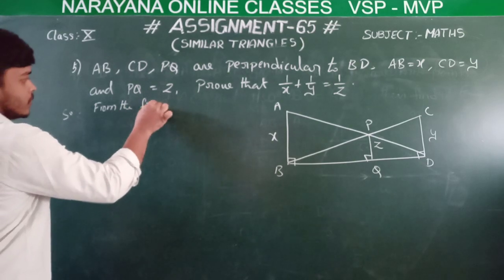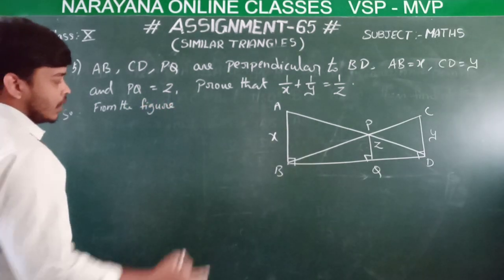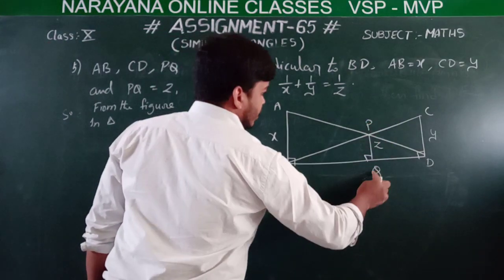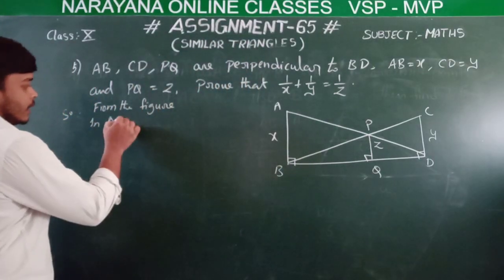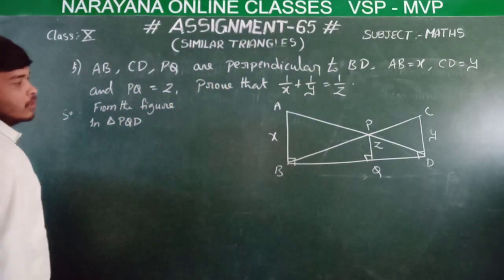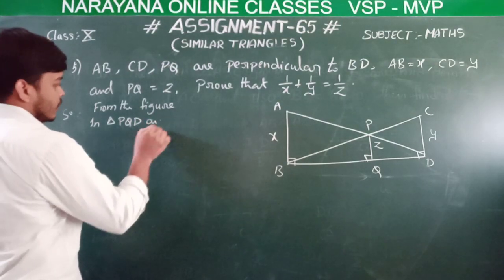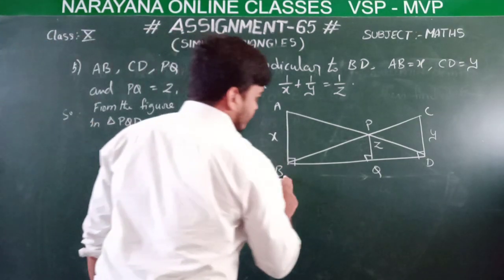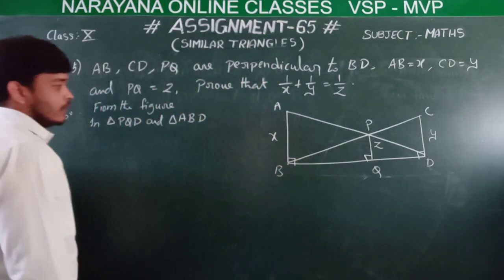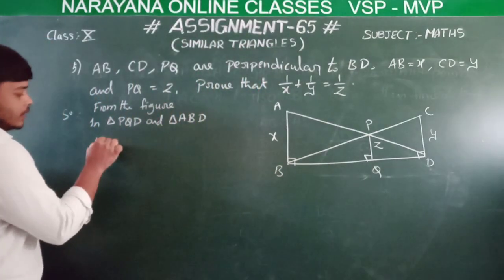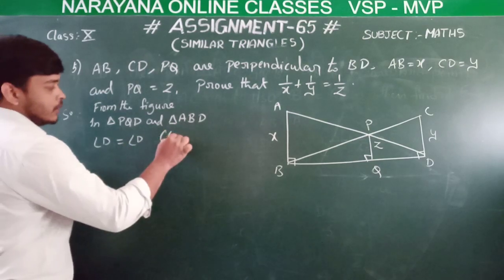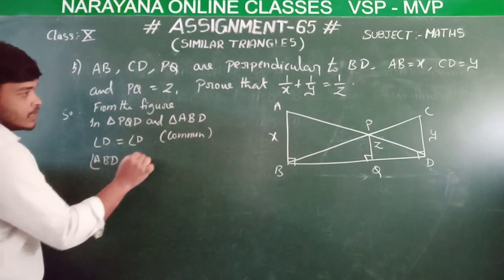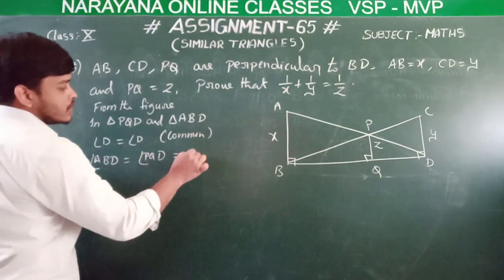From the figure, in triangle PQD and triangle ABD, here if you observe, angle D is equal to angle D, it is common, and angle ABD is equal to angle PQD, which is 90 degrees, right?